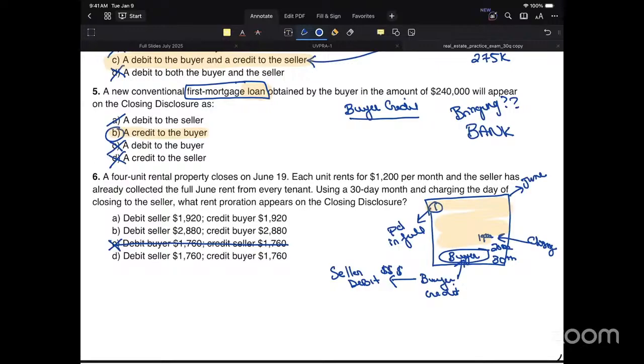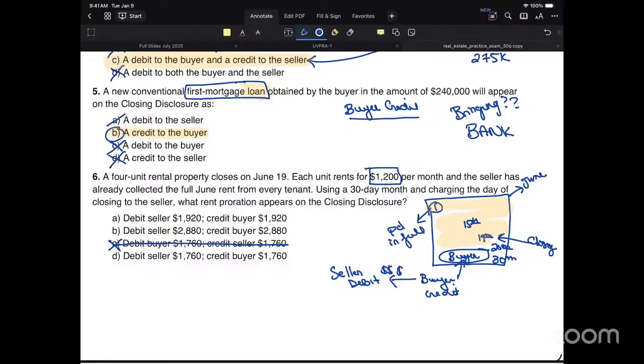All right, we've at least eliminated one answer choice, which means we've got a 33 and a third percent chance of getting this right. Well, the rent was $1,200. If the closing was on the 15th, it'd be an even Steven split.